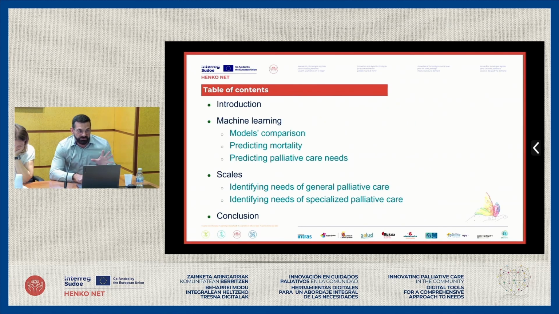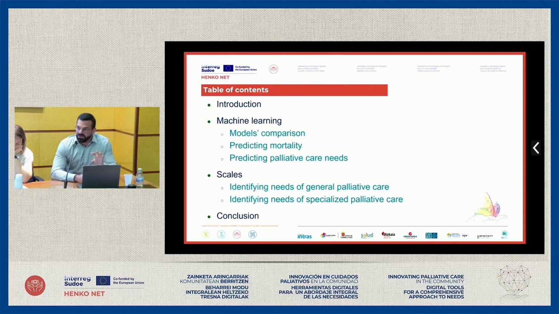So I will first introduce some general comparison between the different kinds of models existing in machine learning to understand how these algorithms work. And after, I will present some examples about machine learning models predicting mortality, because it was the first step of predicting palliative care.